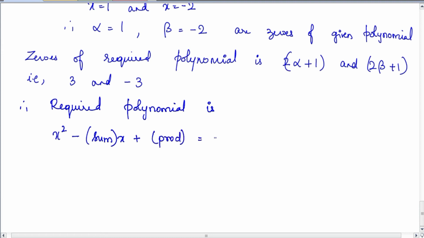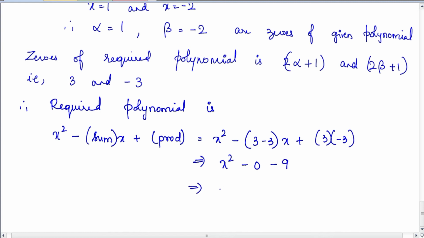So, what is the sum? 3 and minus 3 actually becomes 0, plus the product, which is 3 into minus 3. So that gives x square minus 0x minus 9. So x square minus 9 is the required polynomial.